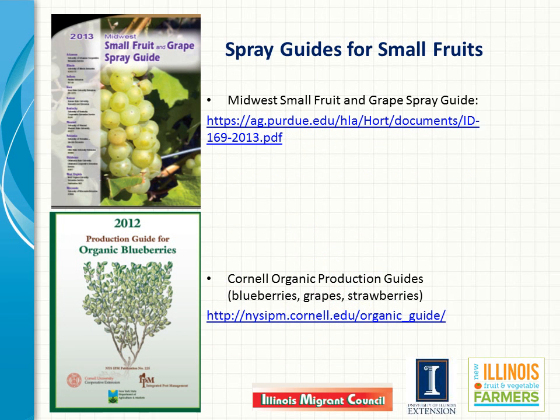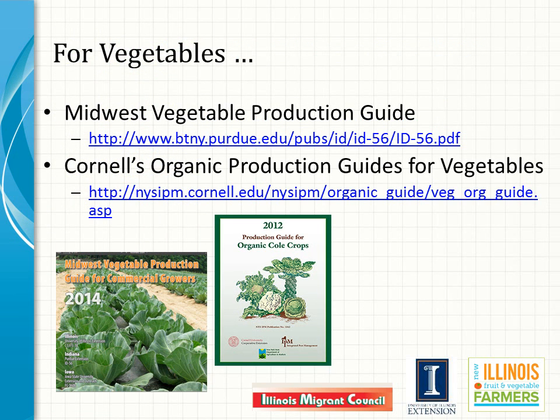For small fruits, use the Midwest Small Fruit and Grape Spray Guide or the Organic Production Guides from Cornell. And for vegetables, the Midwest Vegetable Production Guide and Cornell's Organic Production Guides are very good examples.